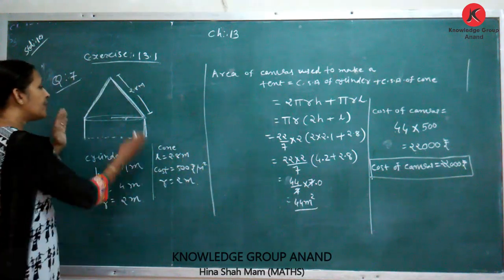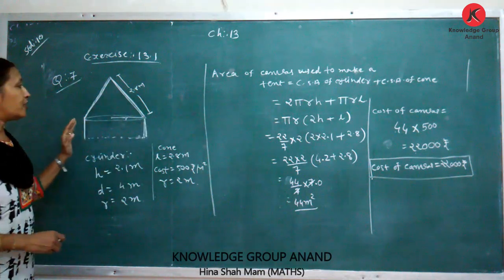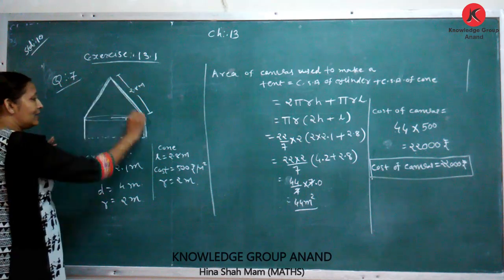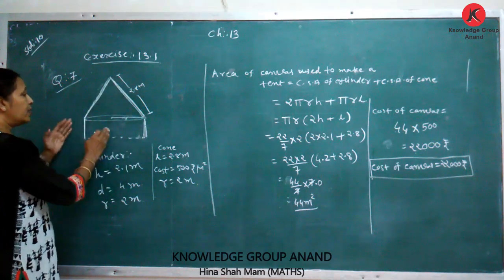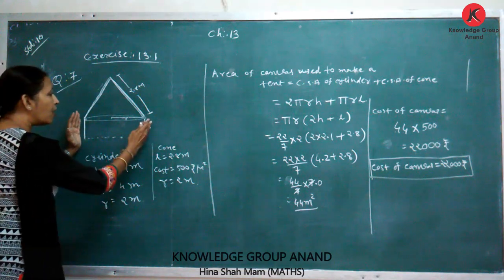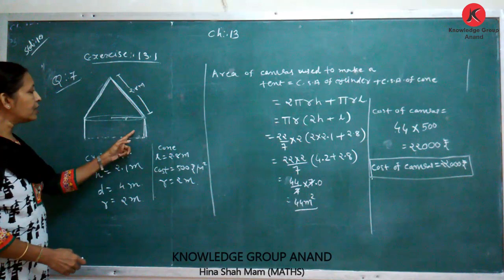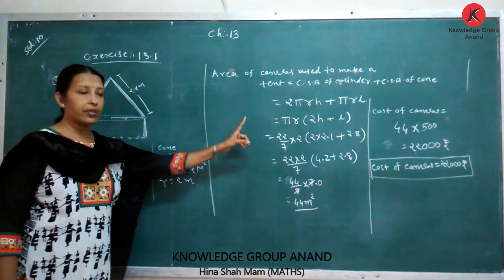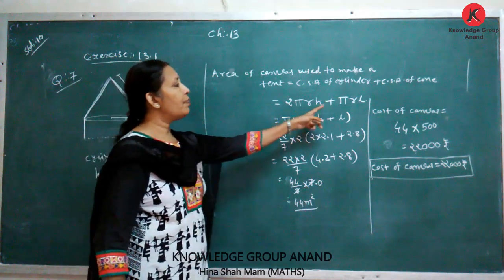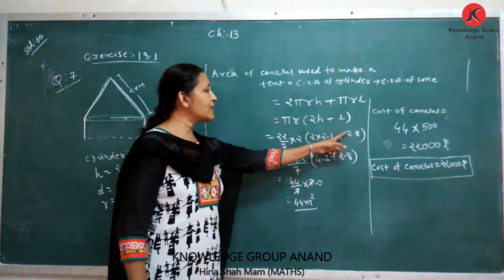In this question, we find the canvas used to prepare the tent. Canvas is used in this part, not in the base. Therefore, curved surface area of cylinder plus curved surface area of cone, 2 pi r h plus pi r l. Pi r common, 2h plus l.